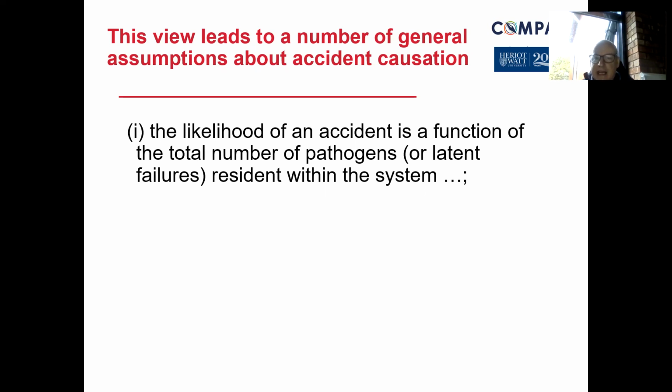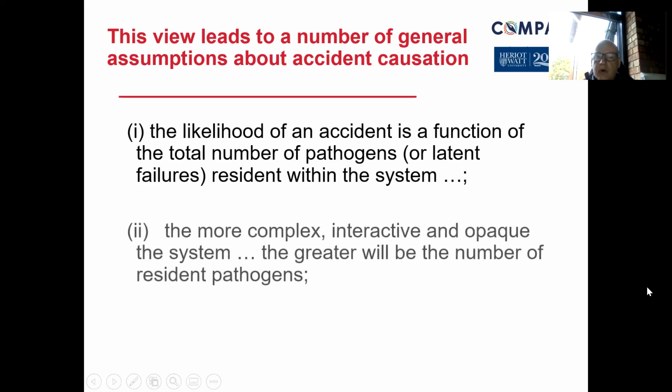Firstly, the likelihood of an accident is a function of the total numbers of pathogens, those latent failures we talked about in the previous section, resident within the system. Secondly, the more complex, interactive and opaque the system, with the variables and the misinterpretation, the greater will be the number of resident pathogens, the problems associated with that.